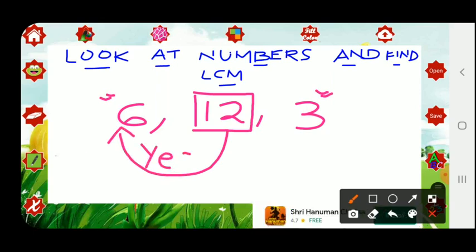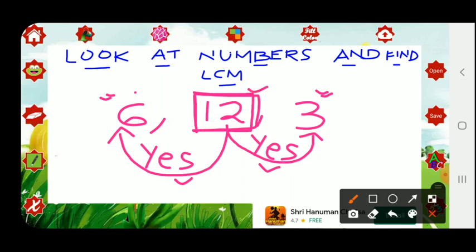Then we need to check whether this 12 is divisible by 3 or not. Yes, it is also divisible by 3. So we have got both yes. So the LCM of 6, 12 and 3 is equal to 12.